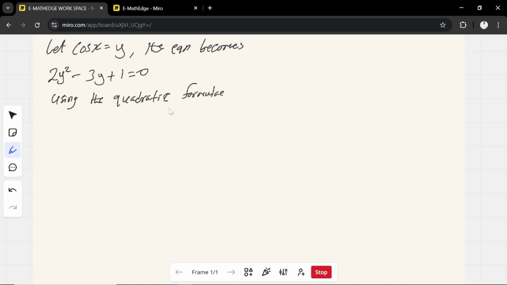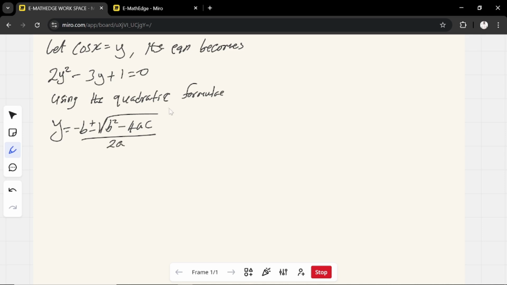And you know the quadratic formula is y equal to minus b plus or minus the root of b squared minus 4ac, all over 2a, right?